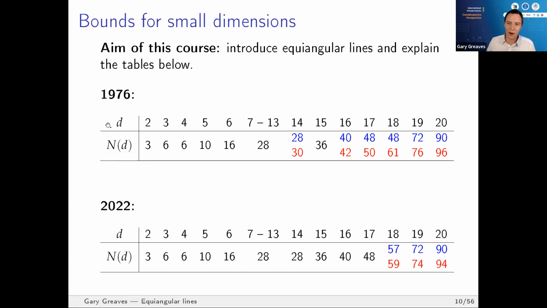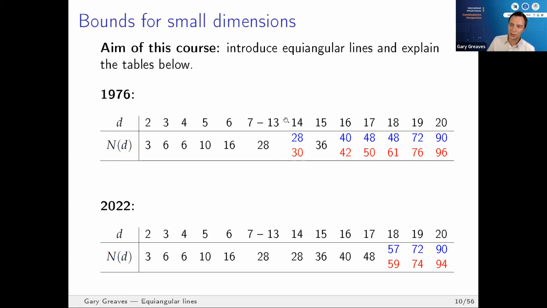We've made a lot of progress in the last 45 years. So this is what was known in 1976. Here we have a bunch of dimensions, d, 2, 3, 4, and so on, up to dimension 20. And here is N(d), the largest number of equiangular lines we can fit in the given dimension.